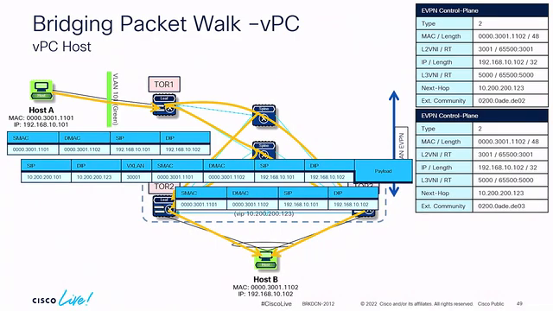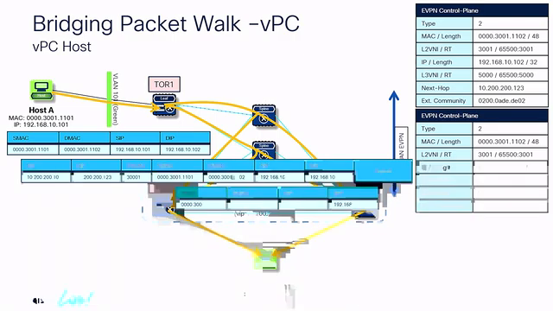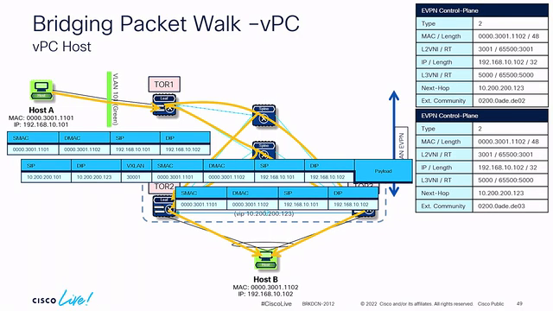In this case, we still have a peer link over here, which is hidden behind my packet. It will use the peer link and forward it to Tor2, and then forward it down to host B. Because we are part of the VPC domain, we are able to forward traffic between VPC peers over the peer link so it can reach its destination.